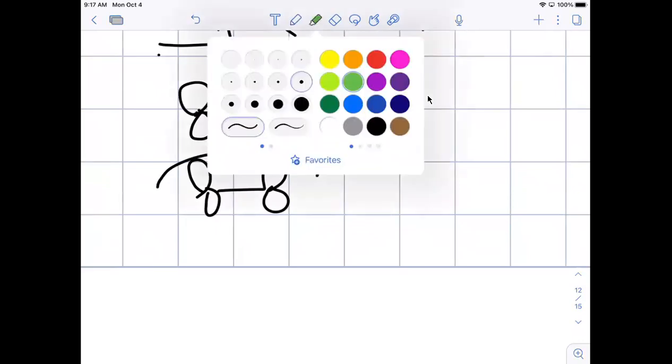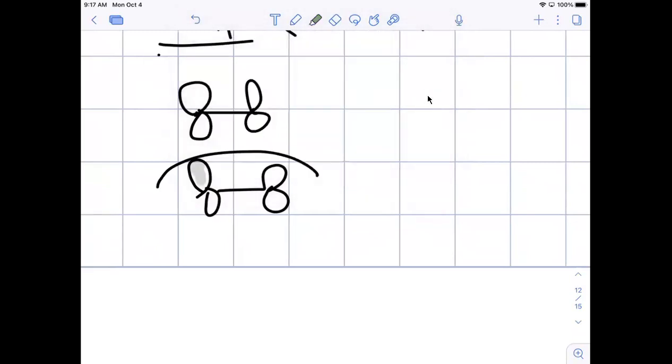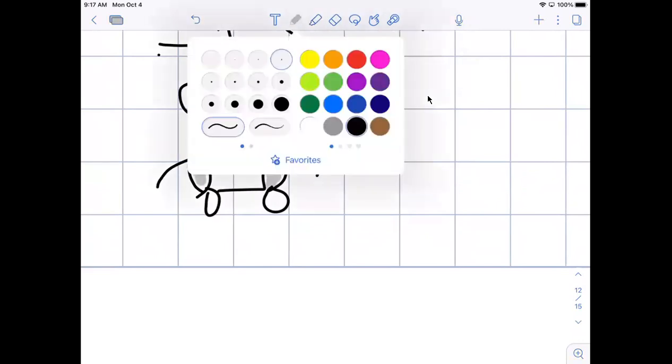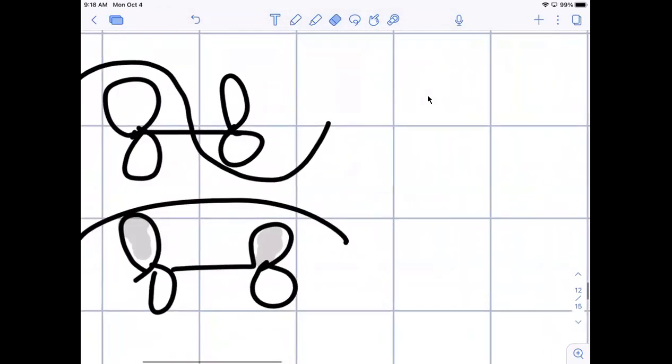So here, both of these are going to be the same sign because the wave never passes through 0. And then here, the wave passes through once. So this sign is going to change.